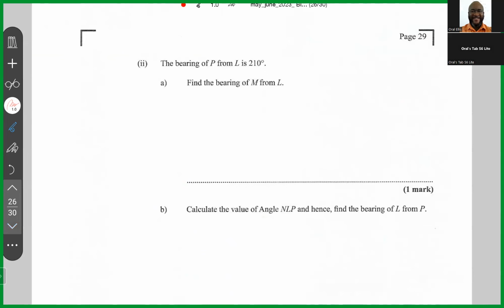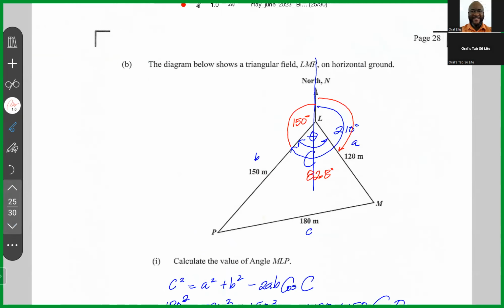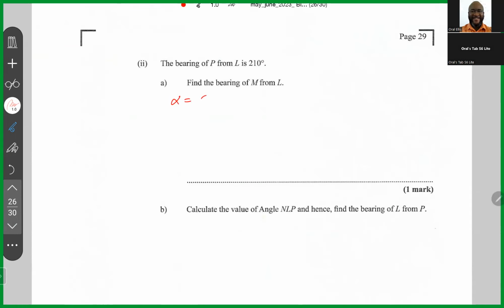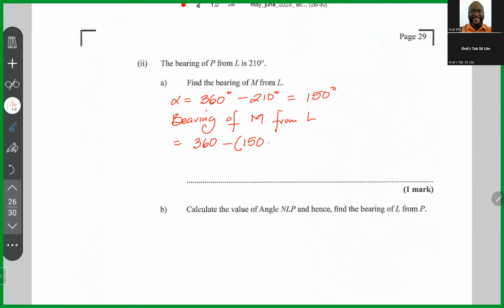All right, let's call this angle here alpha. And we could say that alpha is equal to 360 minus 210, which is 150 degrees. Now, the bearing of M from L, that angle would be equal to 360 minus 150 plus 82.8 degrees.